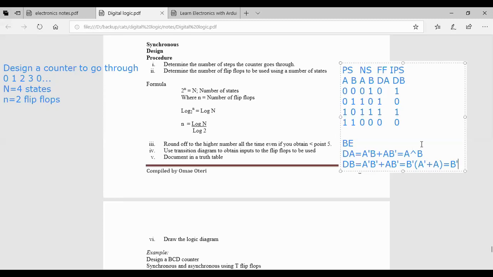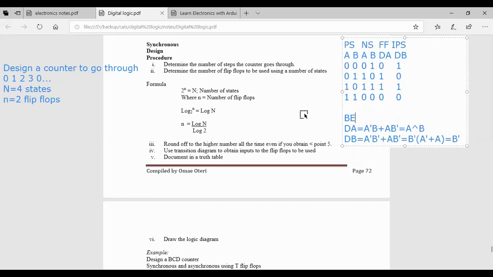Please note I've designed for you the counter, and DA is A XOR B, then DB is B bar. Those are the expressions, but I want to do it for you in Circuit Maker because that's where we can draw the diagrams very easily.